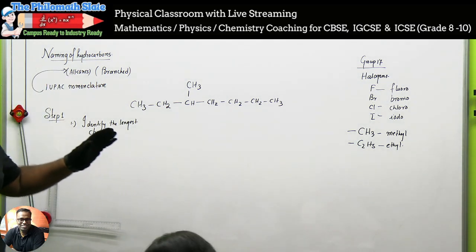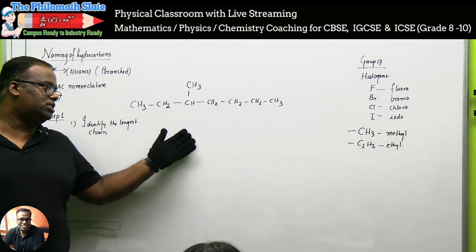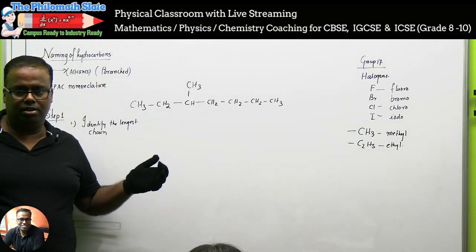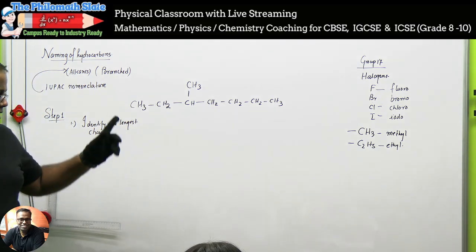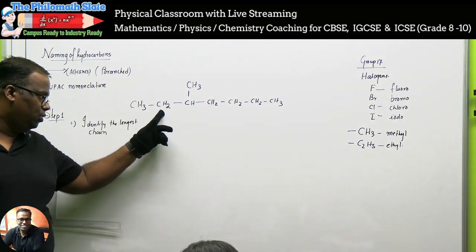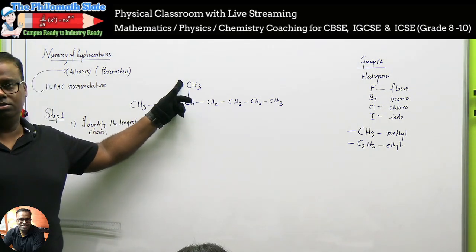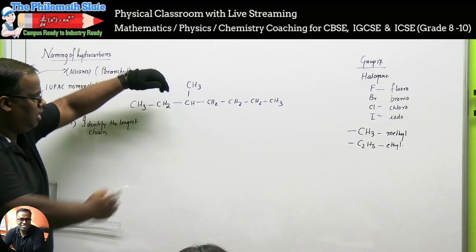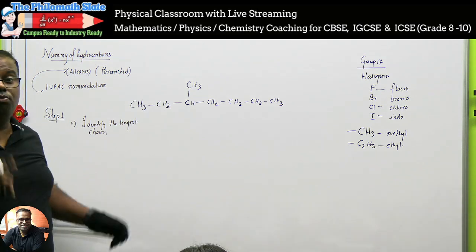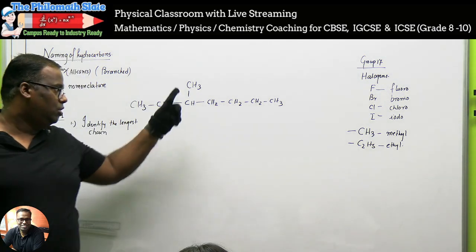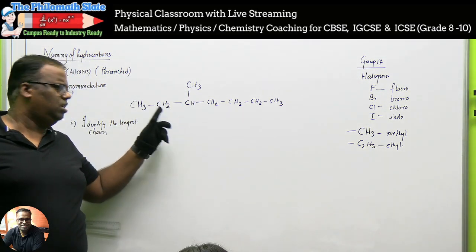Now listen to me. How we identify the longest chain is we start counting, and you can start counting from any endpoint. 1, 2, 3, 4. This could have been a chain and this is the branch possible. How many did we get? 4.